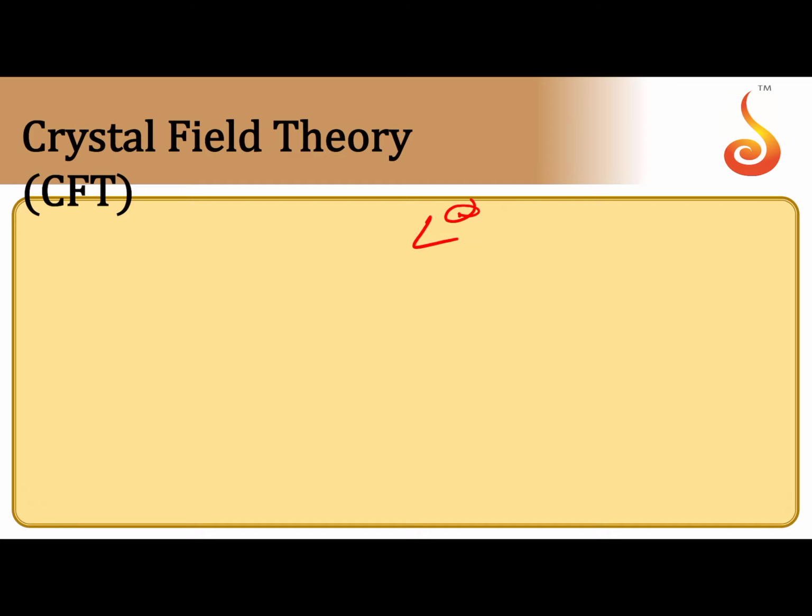According to crystal field theory, between the negatively charged ligand and the central metal atom, an ionic bond is formed. So a pure ionic bond is formed between the central metal atom and the ligand. When ligands approach the central metal atom, they create a crystal field.